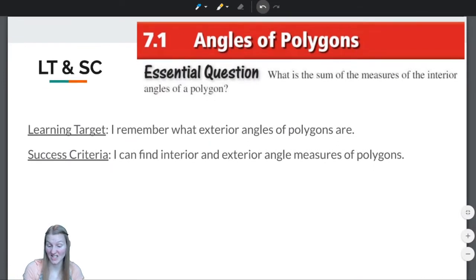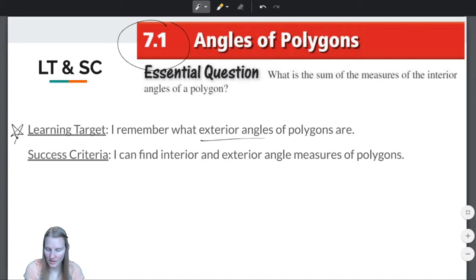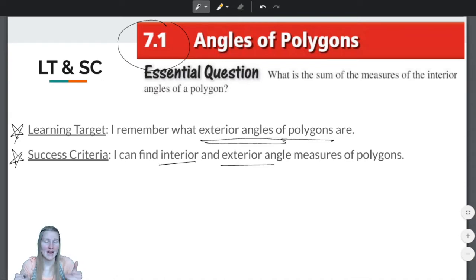Today is the last day of section 7.1. We're going to finish talking about angles of polygons by bringing exterior angles into the mix. So our learning target for today is that you remember what exterior angles of polygons are, and our success criteria is that you can find interior and exterior angle measures of polygons.